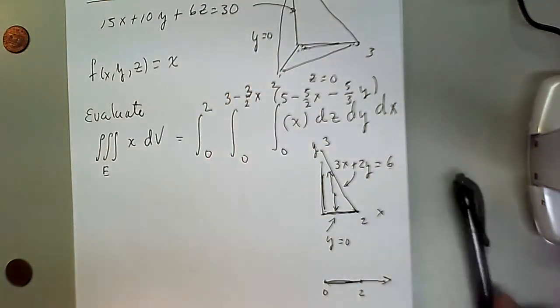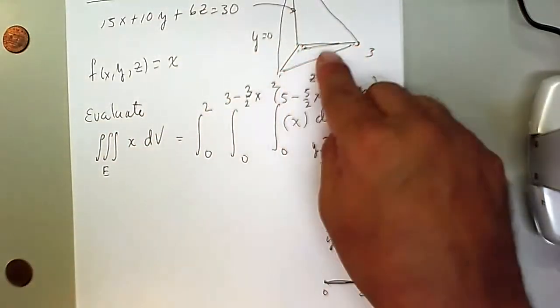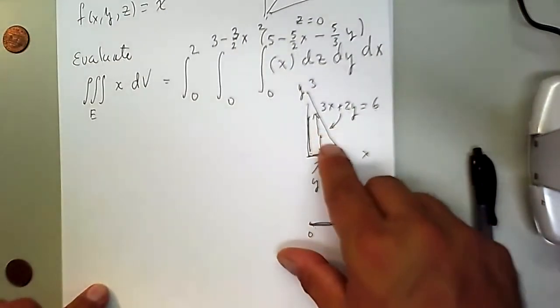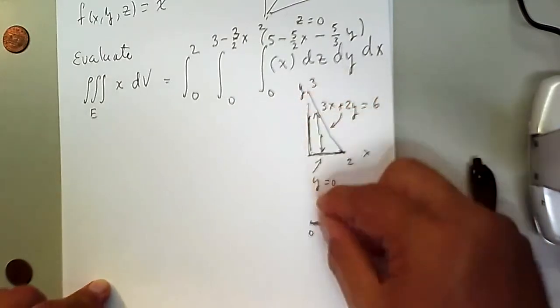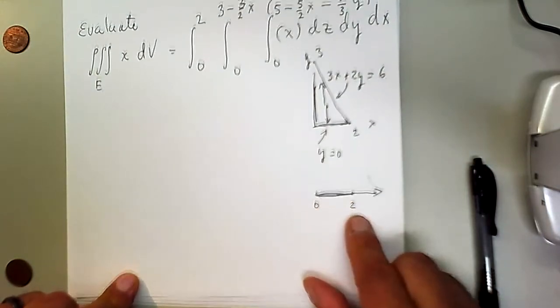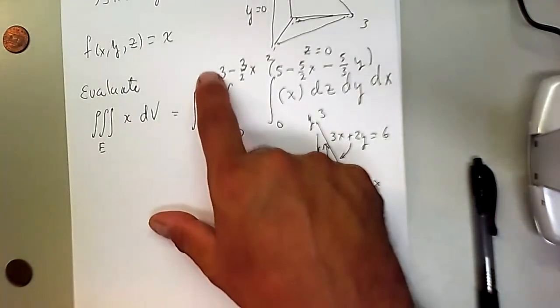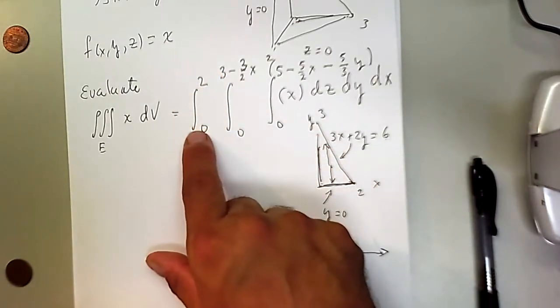So the way I think of it is you have a tetrahedron, smash it down to the floor, you end up with this triangle. Once the y is taken care of, squish this down to the floor, which is going to be this segment from 0 to 2, and there we have it. We must have constants on our most outer interval.